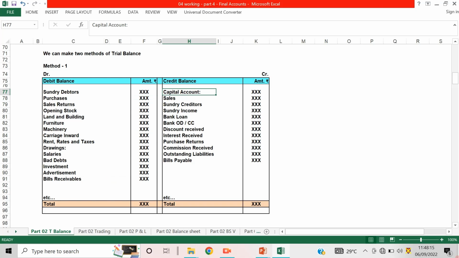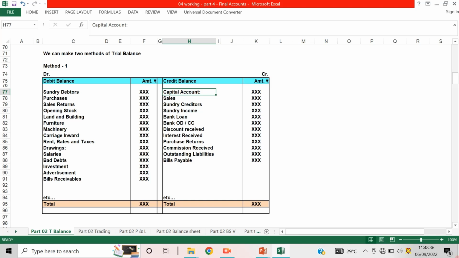This is just to help understand which items come under the debit side of the trial balance and which under the credit side. The final actual one we will do in the fifth video. Once you know this, it will be easy to understand. That is the reason I am giving this.